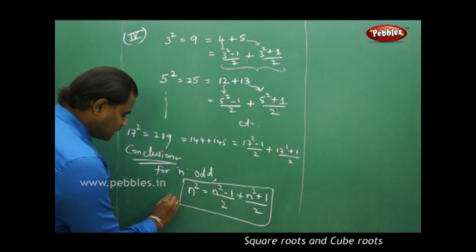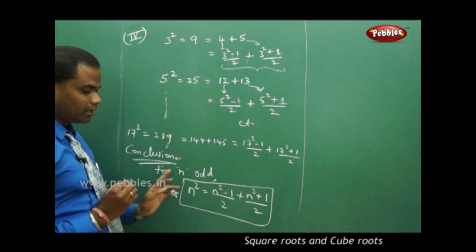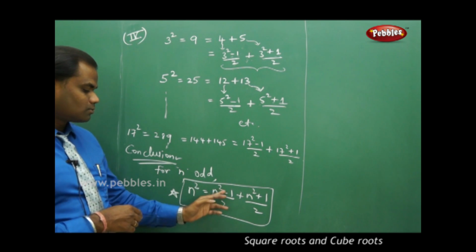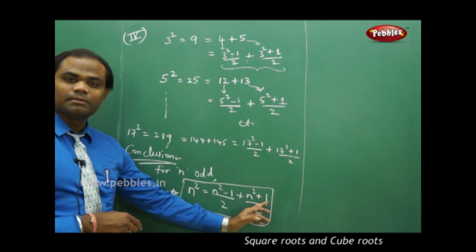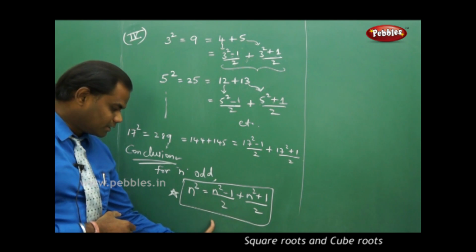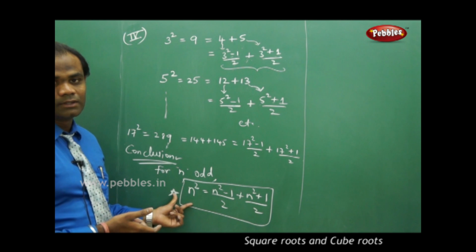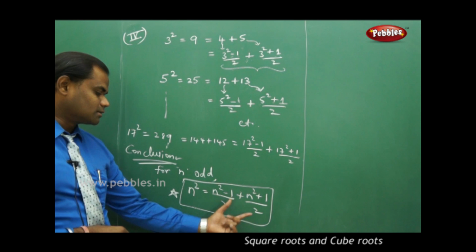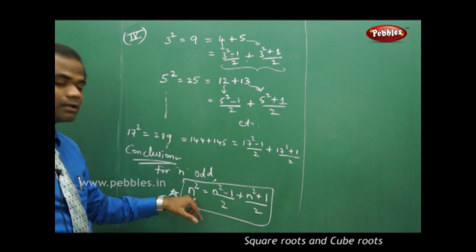So this is the general pattern. For any odd number n, n square can be written as n square minus 1 by 2 plus n square plus 1 by 2, which on simplification, taking the LCM and cancelling the terms, gives me n square back again.